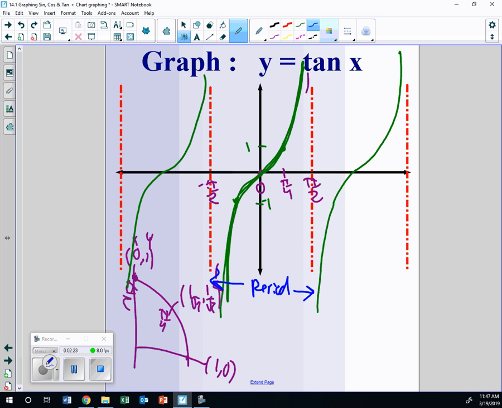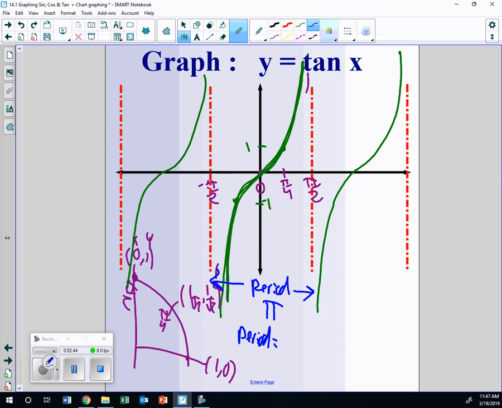Turn to your neighbor, tell him, what's negative pi over 2 to pi over 2? How far is that? Go. It's not 2 pi, it's what? Pi, yep.